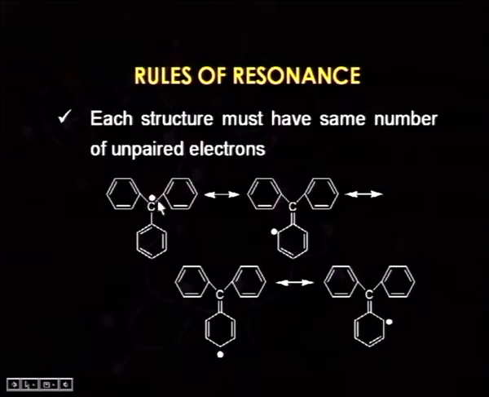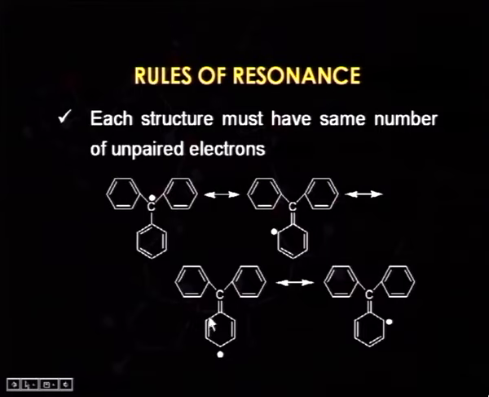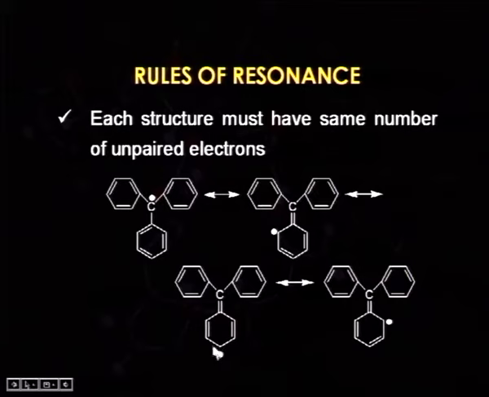Again we have the same number of unpaired electrons. Again homolytic fission will take place and this electron will move here, and from the neighboring pi bond one of the electrons will come here and one of the electrons will move here. So together they will form a new pi bond here and a new radical will be formed here.